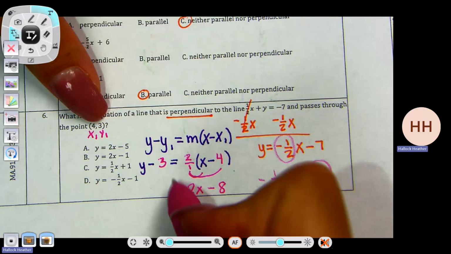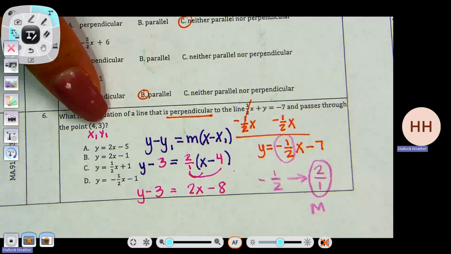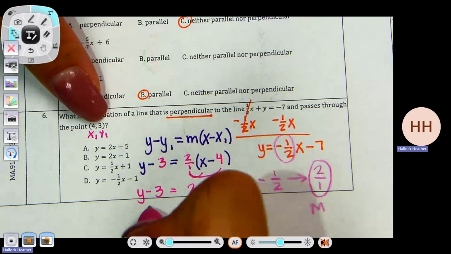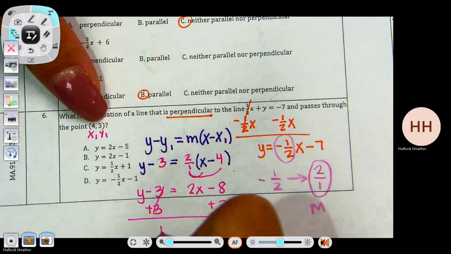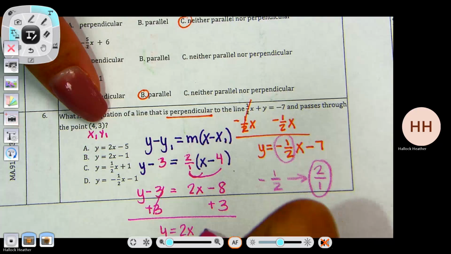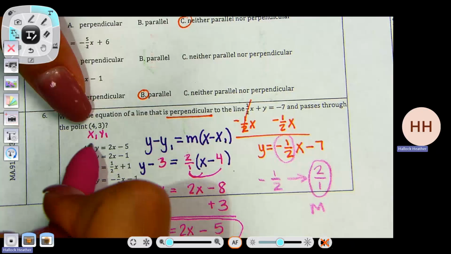And you should be using your fraction button. Last step is to move the 3. I'm going to add the 3 to both sides. So that is A.